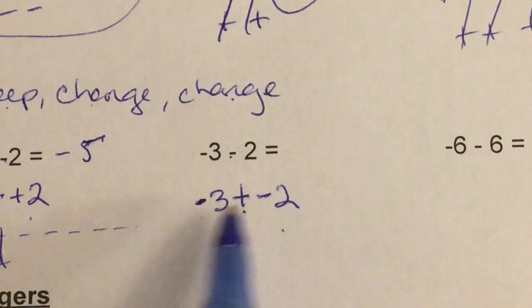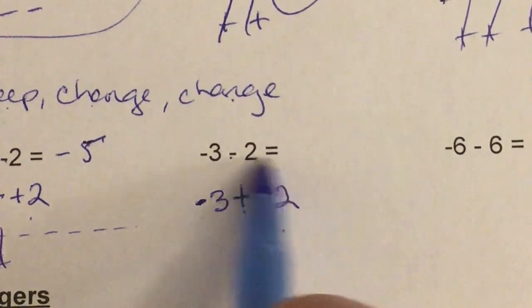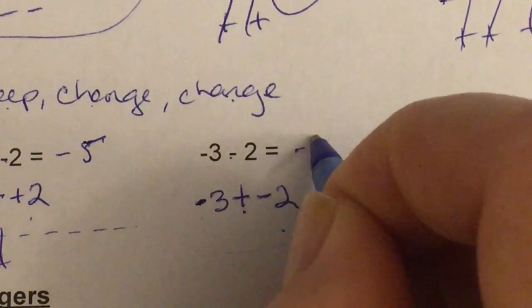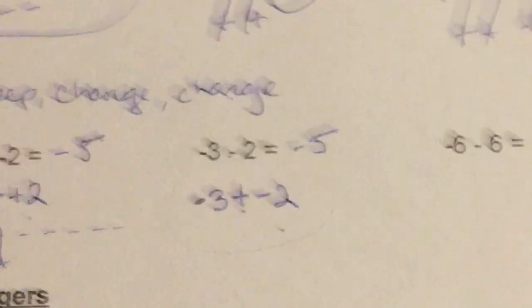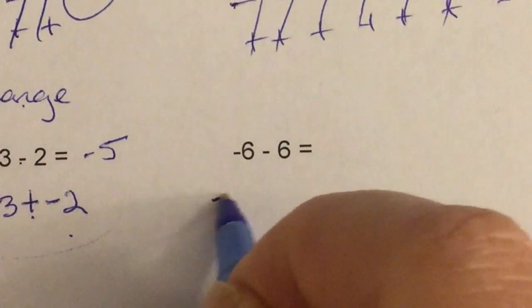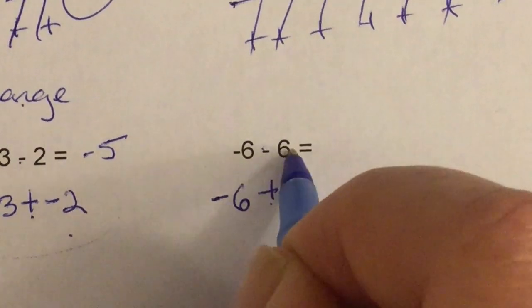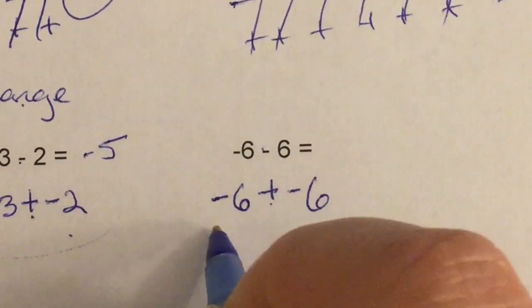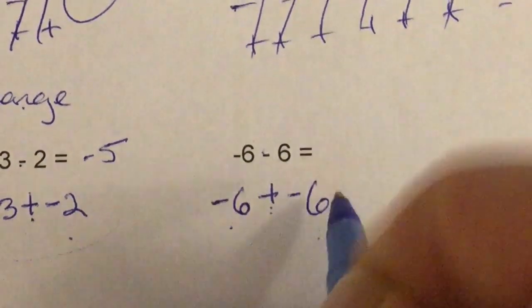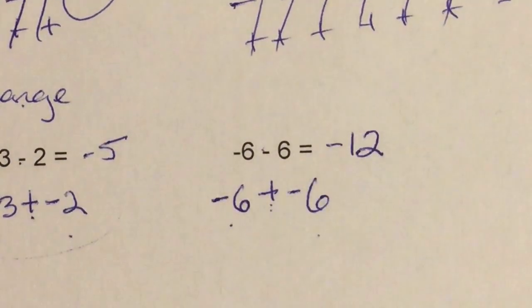So now we have negative 3 plus negative 2. So these are all negatives. So negative 5. And then last, we keep the negative 6, we change the subtraction to addition, and we change the sign on the last number. Negative 6 plus negative 6 is negative 12.